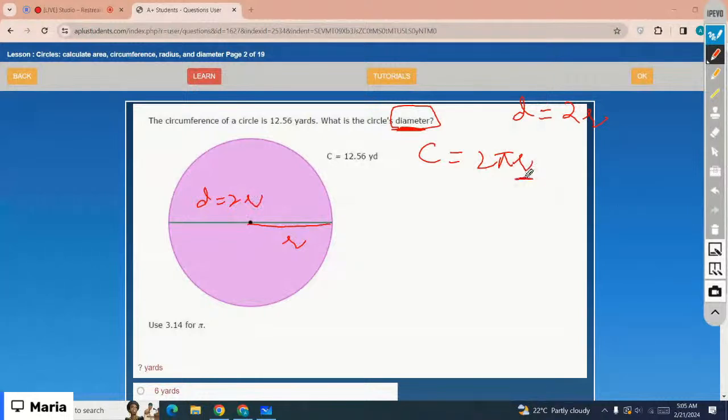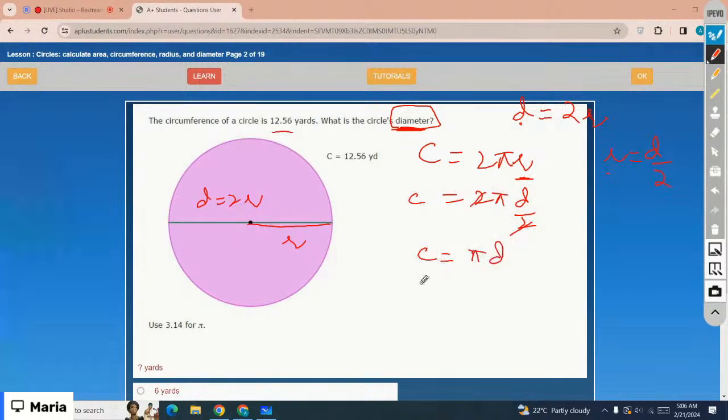So diameter is twice the radius and radius is half of the diameter. So replace this r with diameter, 2 and 2 get cancelled. So circumference is pi d, right?